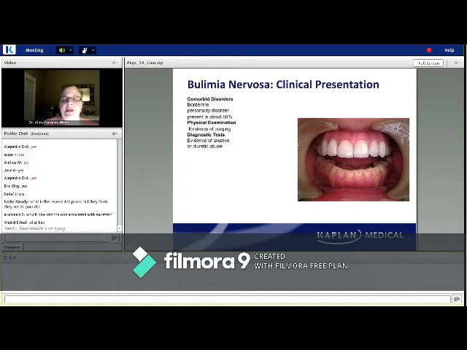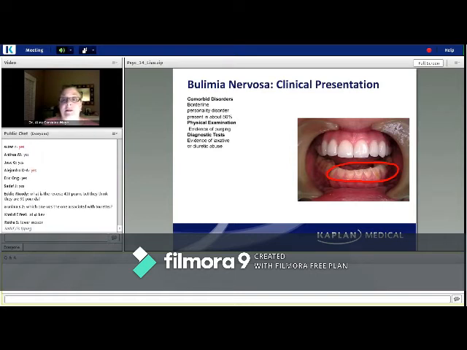So here we see the teeth. Notice how you have the dental erosion. So if you're a purger, what you'll find is that your teeth are basically worn down. I mean, this person's obviously wearing caps on the top teeth because those teeth are just too perfect.